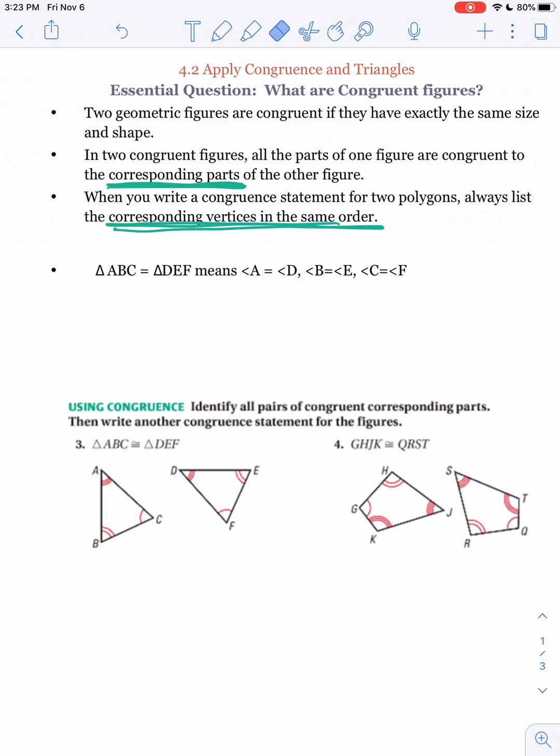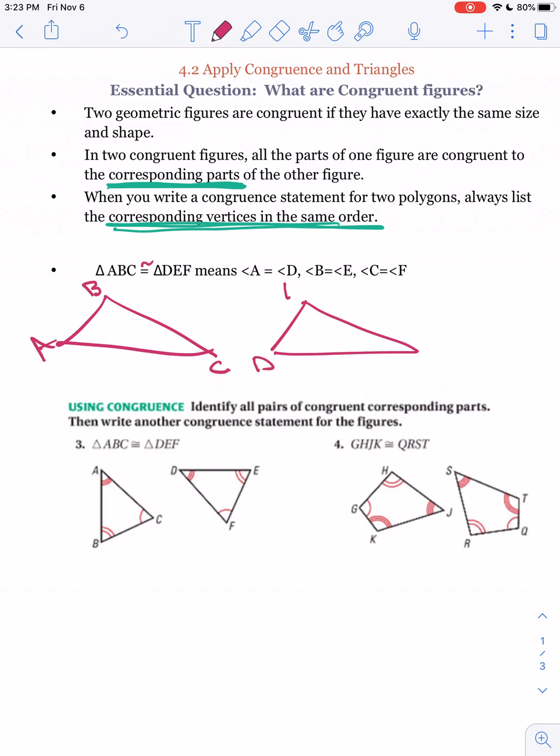So we're given that triangle ABC is congruent, let's change colors, ABC is congruent to triangle DEF. So let's just draw a little example of that. Again, that means it has the exact same size and shape.